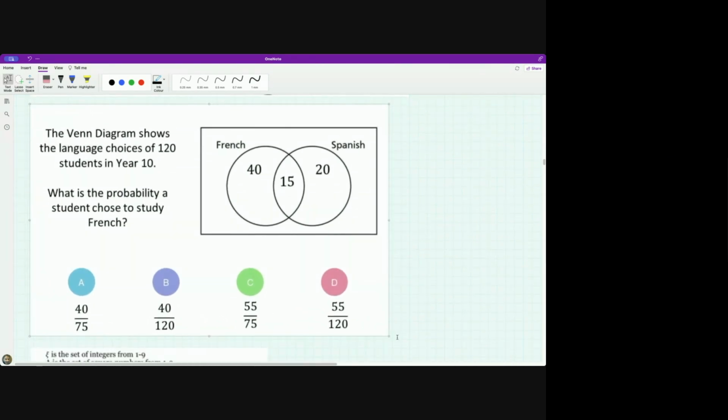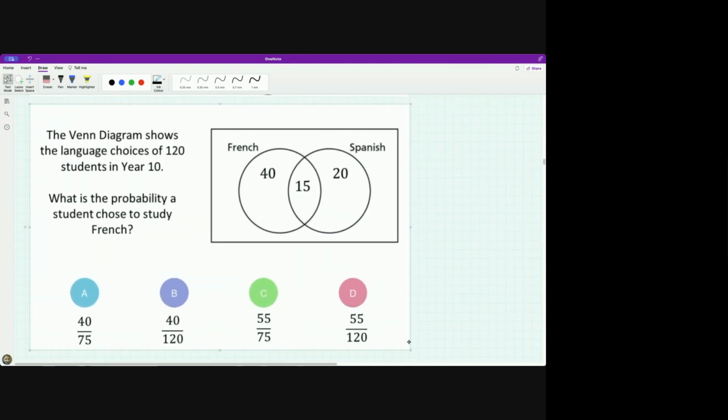Can you answer this question? So there's 120 language students.